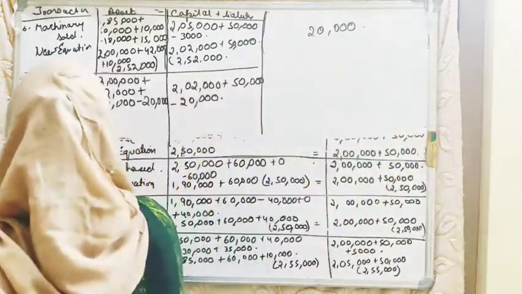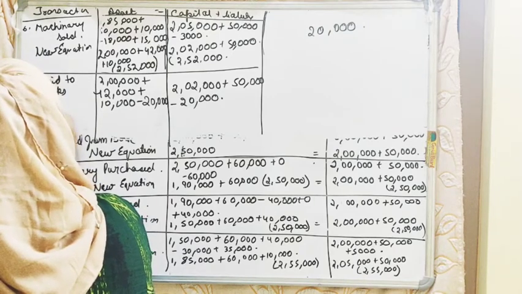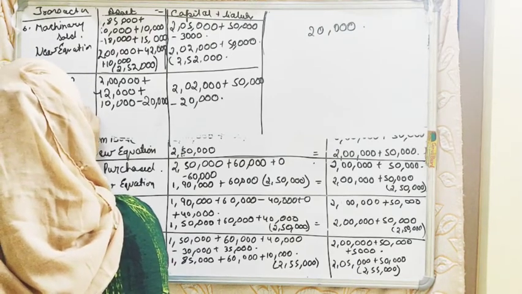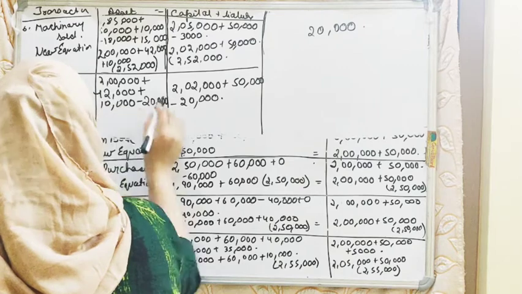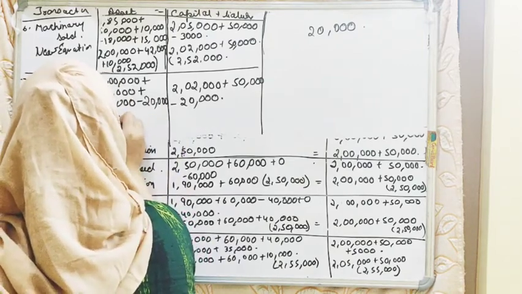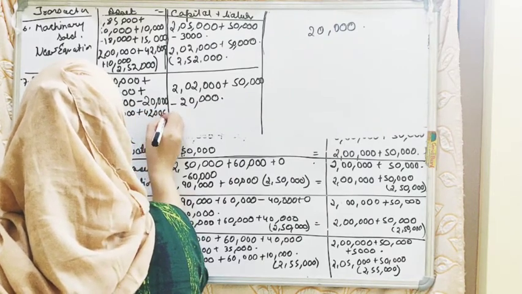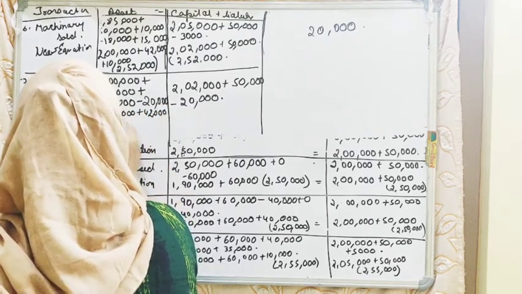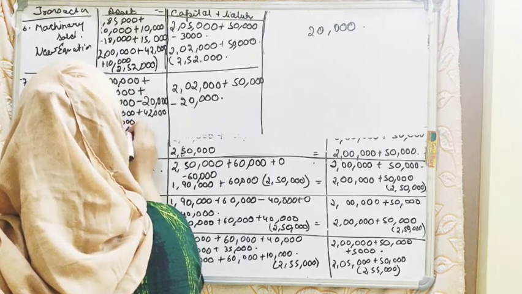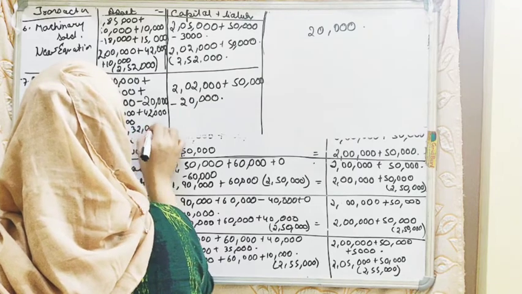So we will write the new equation, final equation, as: if we subtract 20,000 from 2 lakh, we get 1,80,000 plus 42,000 plus 10,000, which comes to a total of rupees 2,32,000.